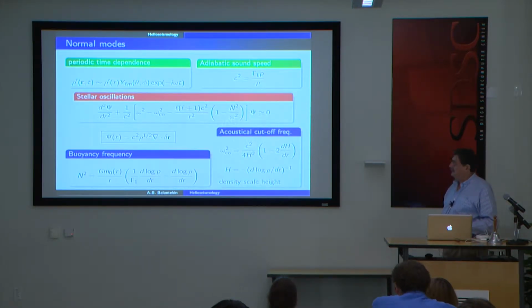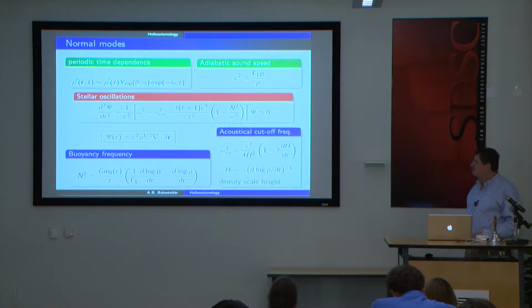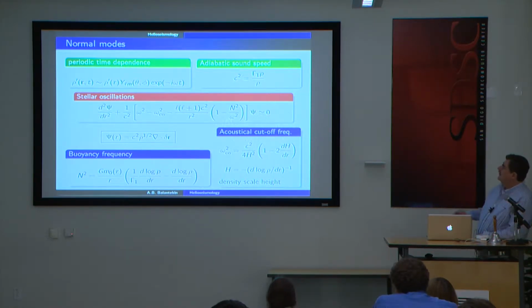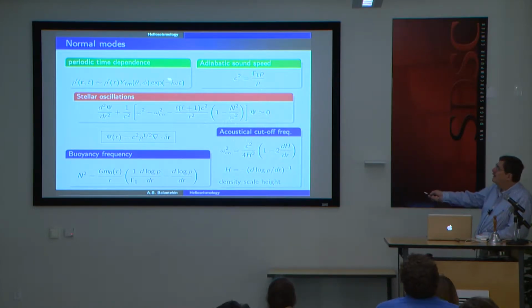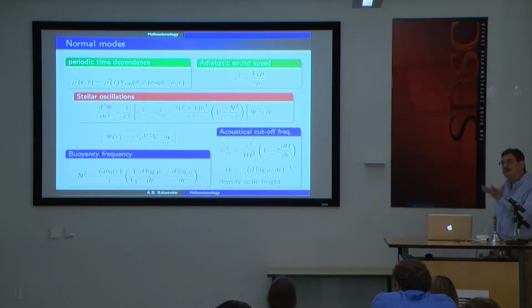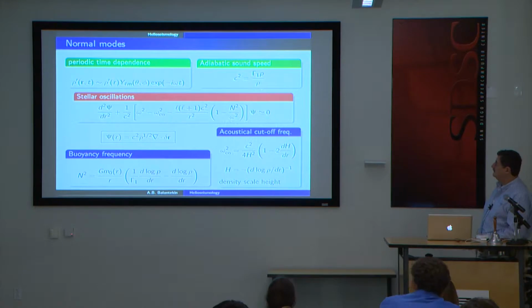Well, actually, it's quite easy, especially in the case of the Sun. You assume that the time dependence is periodic and spherically symmetric. So you take those perturbations, you take out the r-dependent part, you take out, since you assume spherical symmetry, Y_lm, and then you assume that the perturbations are time dependent. That's actually what's observed. The solar surface vibrates.